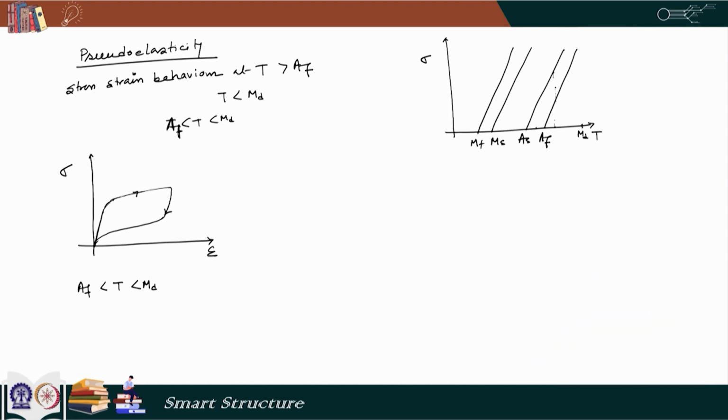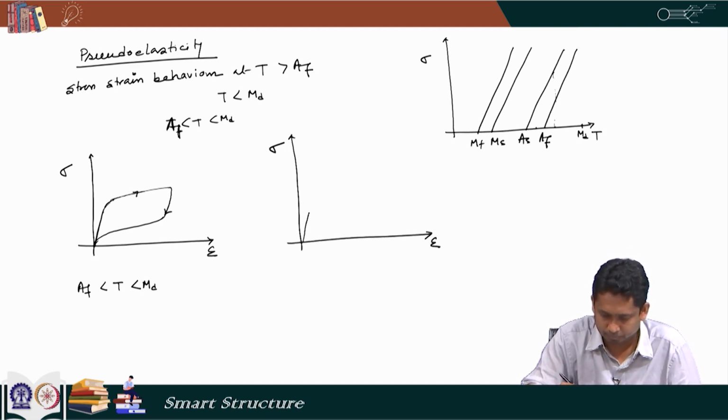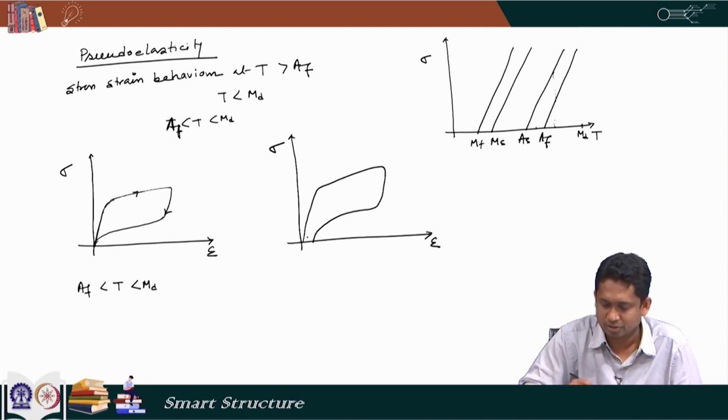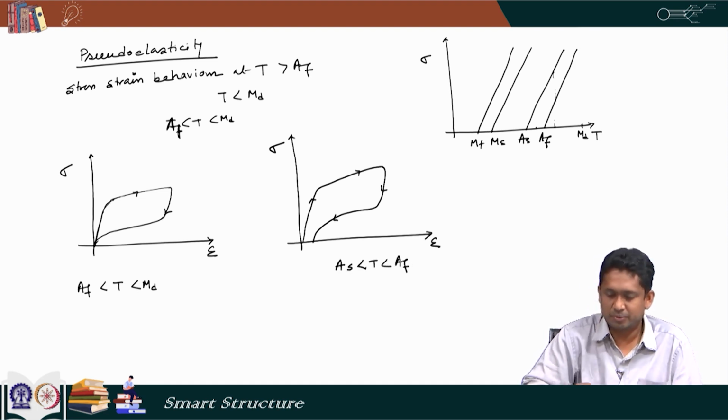So, some part of the strain is yet to be recovered. The behavior here looks like this. So, full recovery is not possible here, and this is when the initial temperature is between AS and AF.